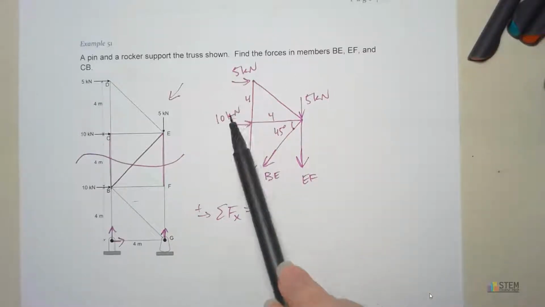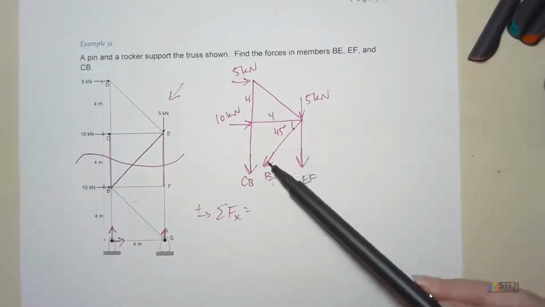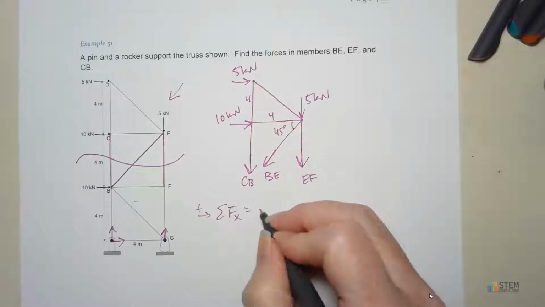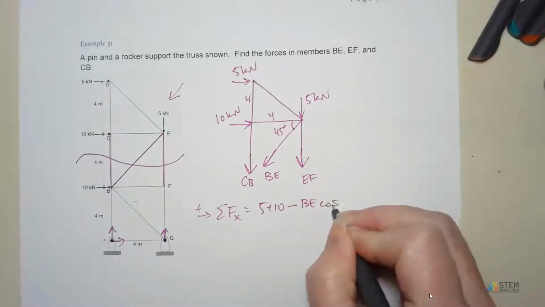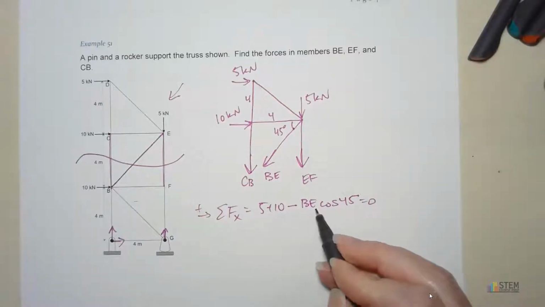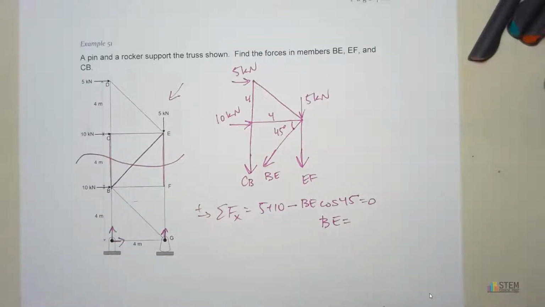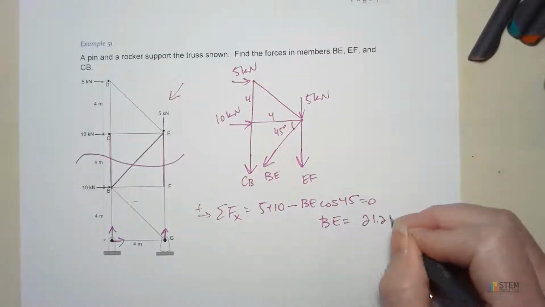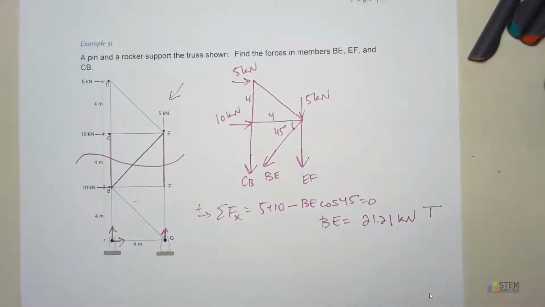We've got 5 and 10, both in the positive direction, and then we have this negative x component for the BE force. So 5 plus 10 minus BE cosine 45 equals 0. Conveniently, BE is our only unknown, so let's solve. BE is going to be positive 21.21 kilonewtons. It's positive, that means it's in tension.